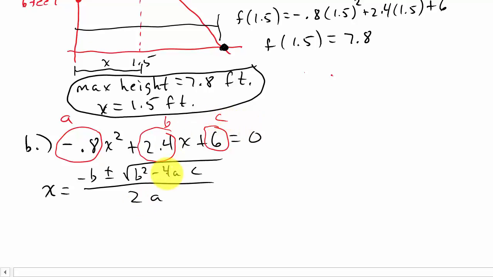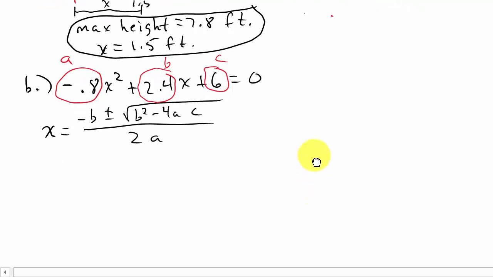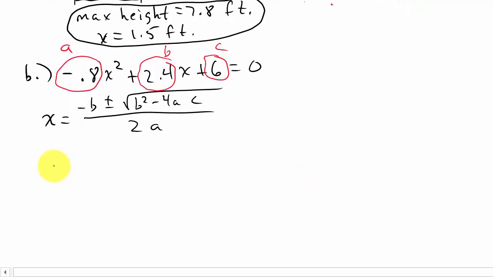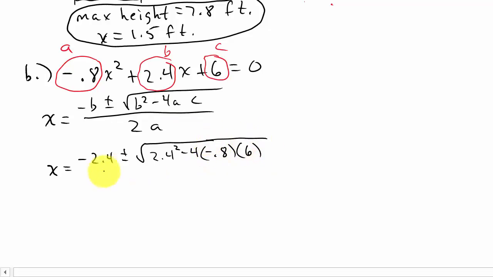So let's plug that in, and we get x is equal to negative 2.4 plus or minus the square root of 2.4 squared minus 4 times a times c, all over 2 times a.